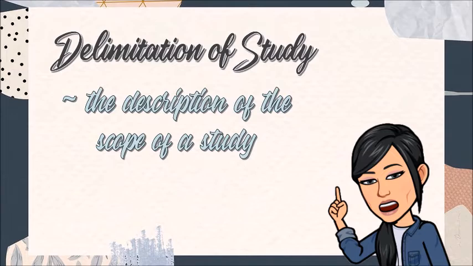Here, the researcher explains why definite aspects of a subject were chosen and why others were excluded. It also mentions the research method used as well as the certain theories that applied to the data. In short, the delimitation of a study is the description of the scope of a study.